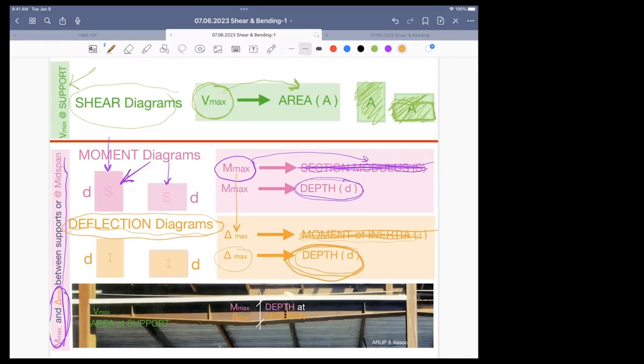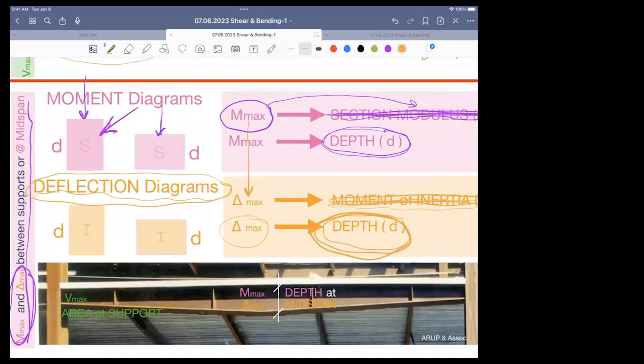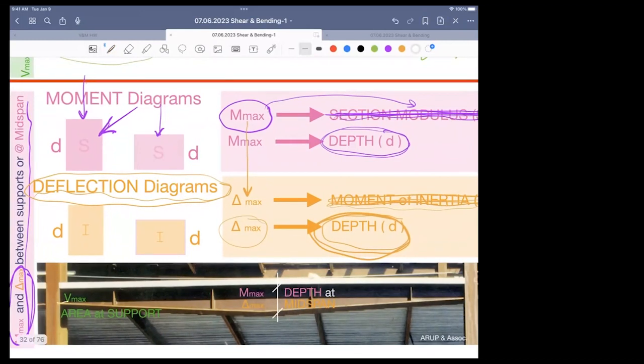I have this picture here from Arup and Associates, the foremost engineering firm in the world. It says, look at this crazy beam. It gets deeper in the middle. That's the ideal shape of a beam. It's just not practical. And what it's saying is we need depth in the middle to resist bending and to minimize deflection.